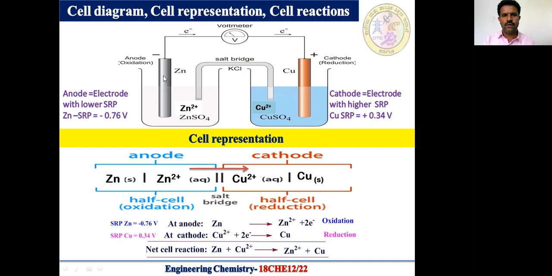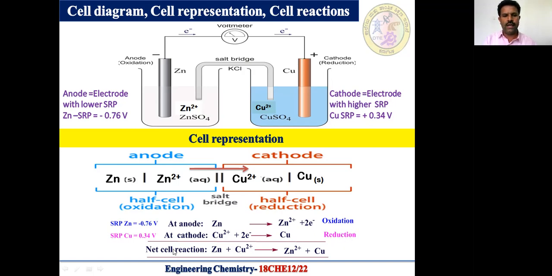So the electrons released at anode move towards cathode and are available at cathode. Hence the copper 2 plus ions present in the solution will gain those available electrons and become copper. So this is reduction reaction.